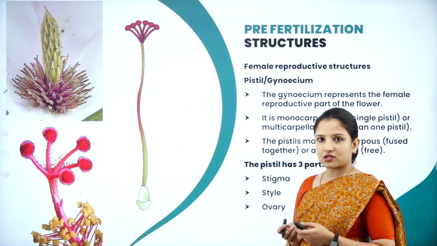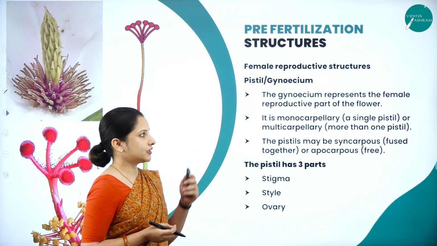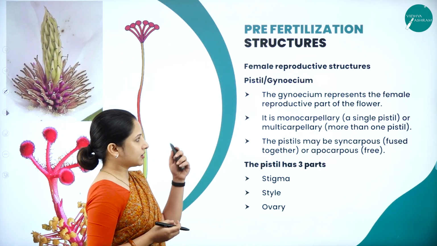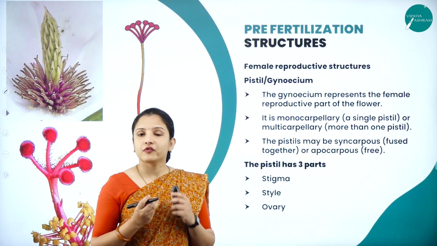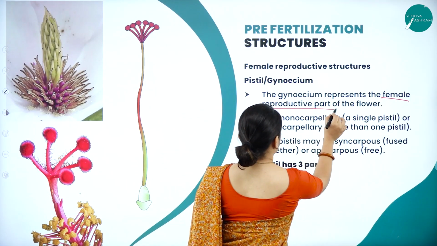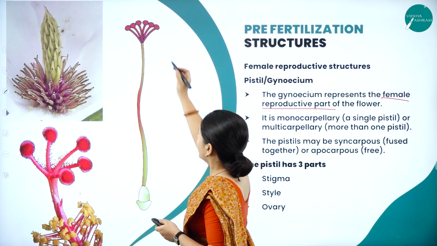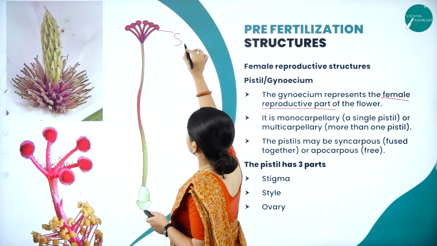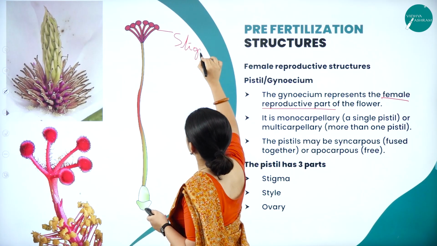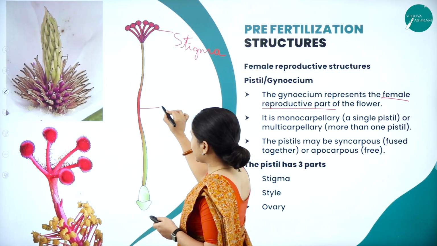Female reproductive structure, it is called as the pistil or the gynecium. So the gynecium, it is the female reproductive part of the flower. When you look at the gynecium, it is made up of stigma. Then you have the style.